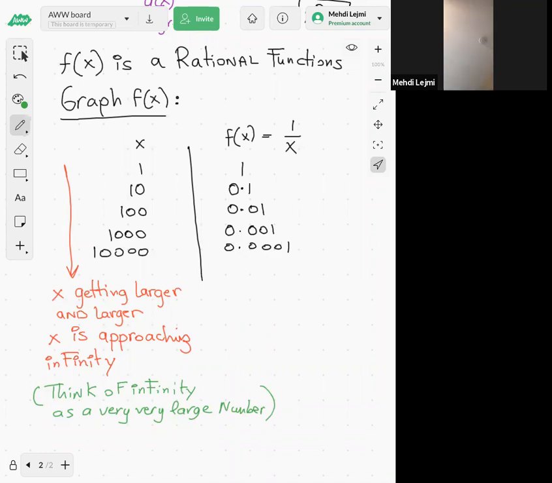Now, what happens to the values of the function f?